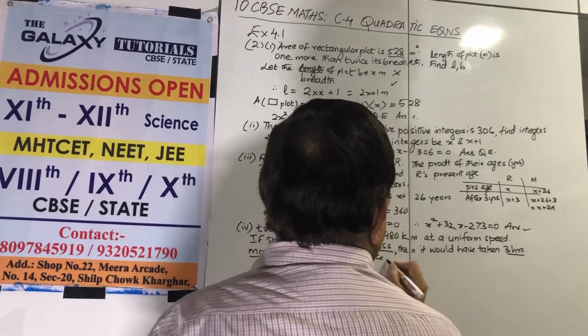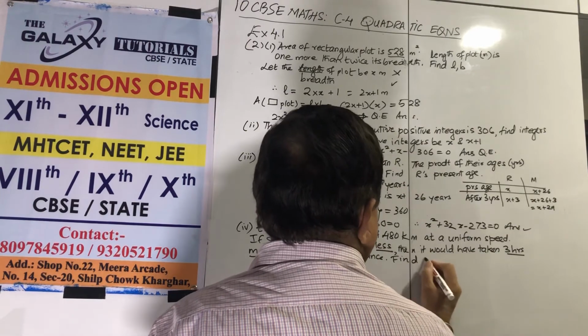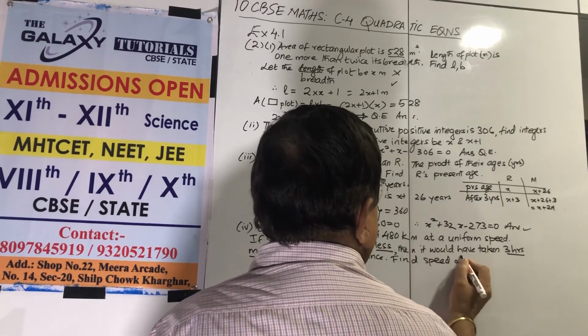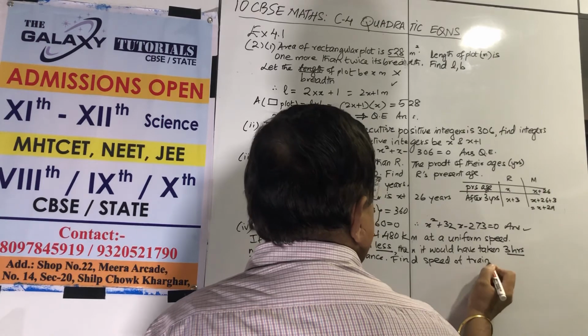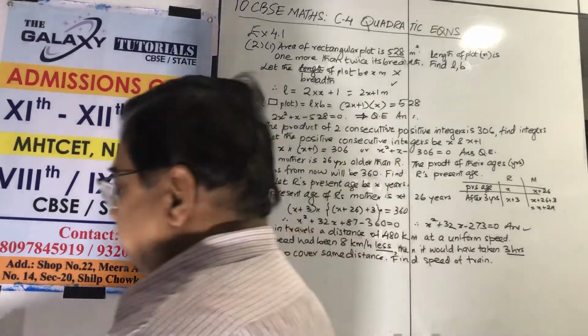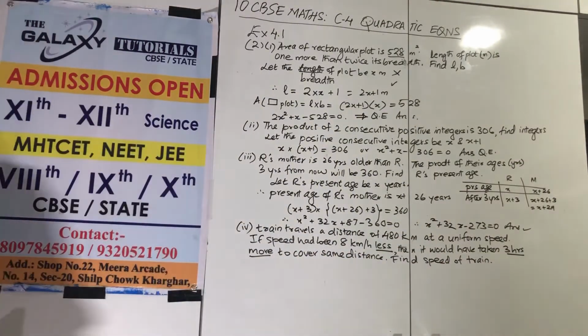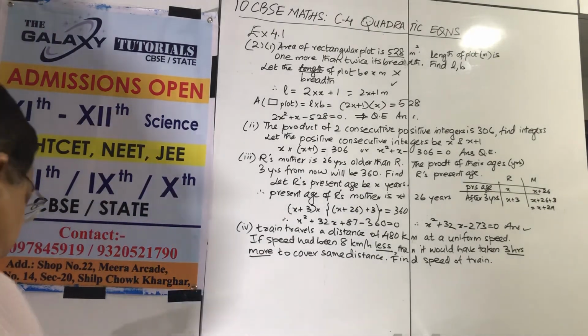Okay, we need to find the speed of the train. How to write the equation for a problem like this. Okay, have a look how to do sums like this.